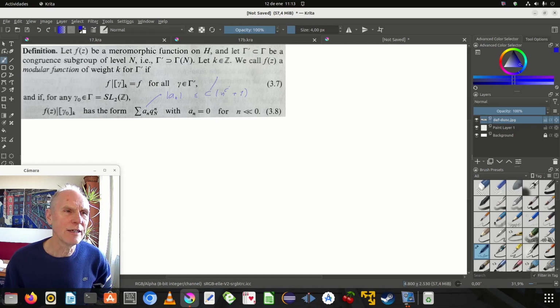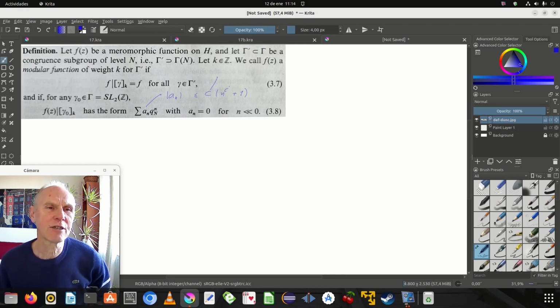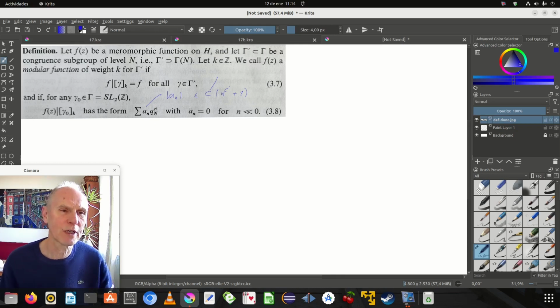If that's the case, then the sum converges absolutely, and that means that we will have a limit as I set tends to infinity, or q tends to naught.